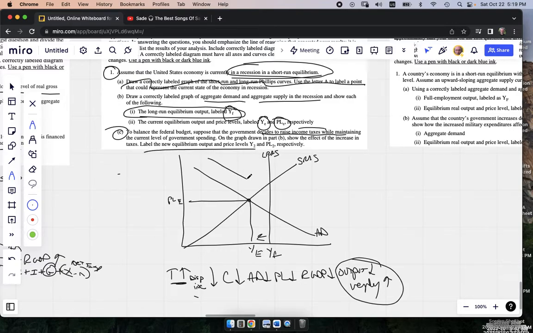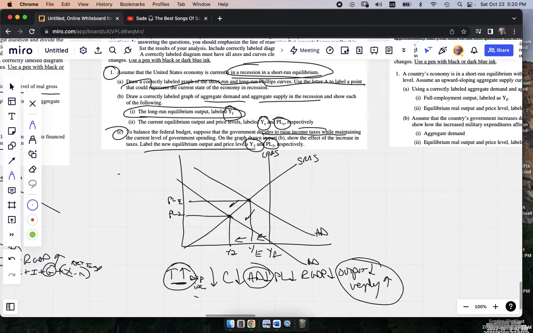So I know it's going to, oops, I was about to do something wrong there, which happens. What I know is an increase in taxes drives the aggregate demand curve down, and we would be moving further away from PL2, Y2, further away from full employment.